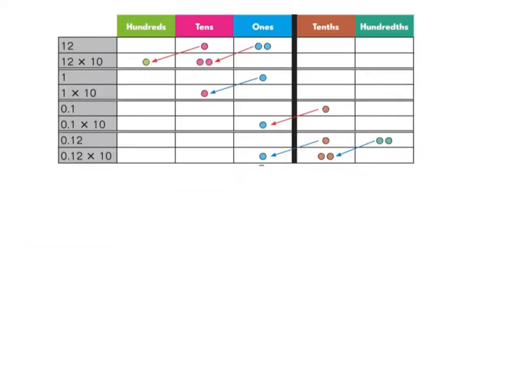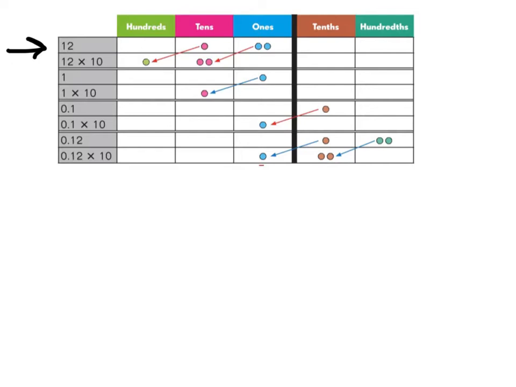Let's begin by reviewing our place value charts and what happens when we multiply by 10. Let's begin by looking at 12 times 10 in our very first row here. We begin with one dot in the tens place and two dots in the ones place, representing 12.